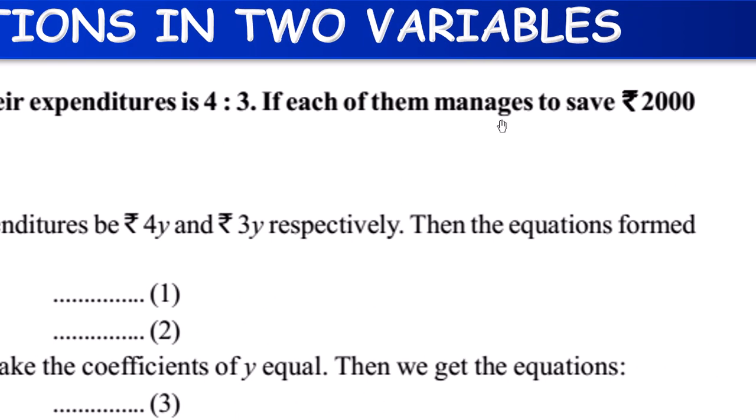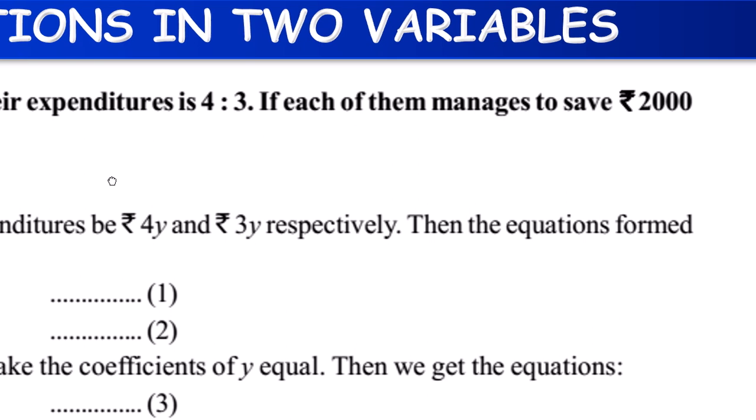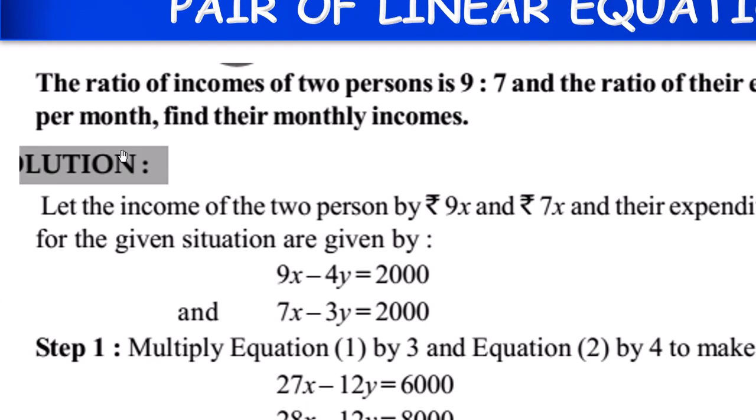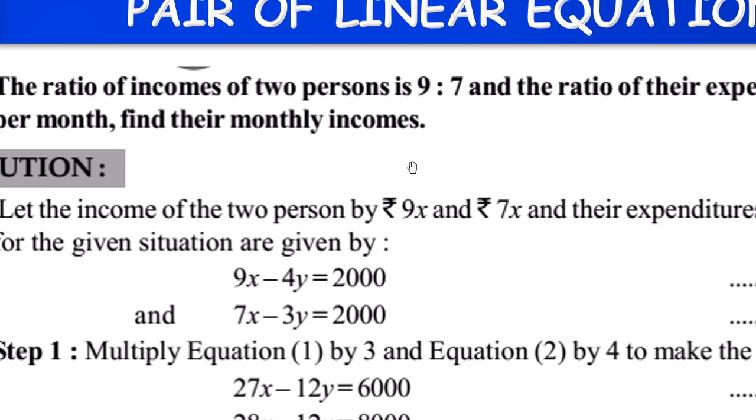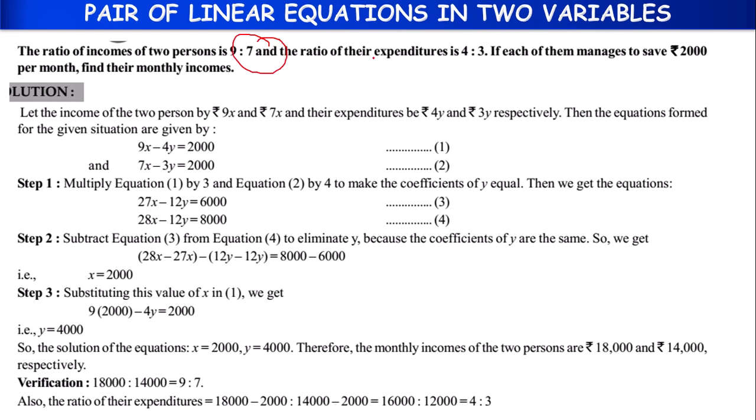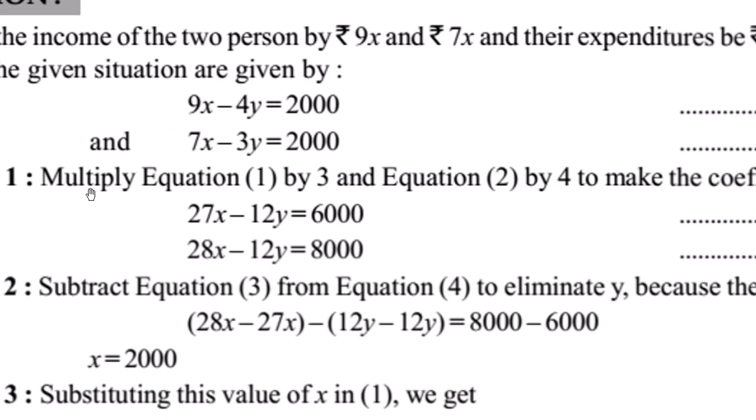If each of them manages to save 2000 rupees per month after deducting expenditure from the income, find their monthly incomes based on the ratios of incomes, ratios of expenditures and saving amount. We have to find their monthly income.